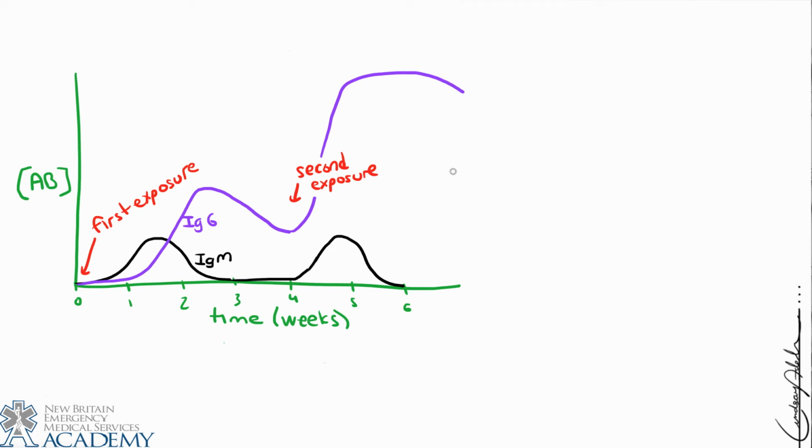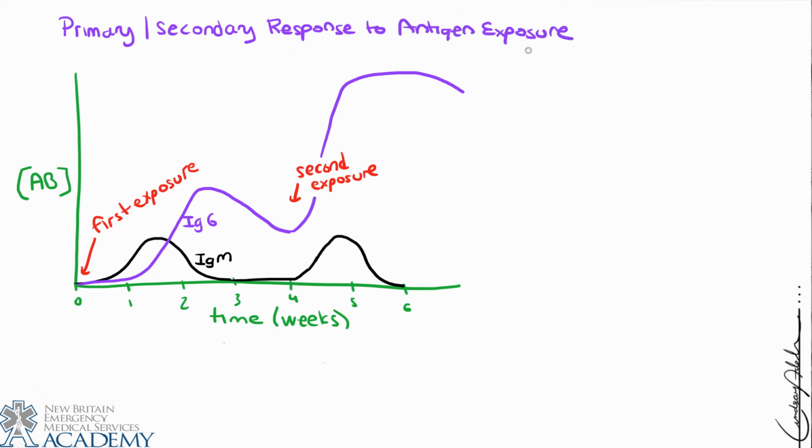We get a faster peak and a significantly higher concentration of antibodies. What's really nice about the second and any subsequent exposure is that we can maintain these memory cells for years and years. So even 20 years later, if you get the same exact exposure, you still potentially have the ability to protect against it.